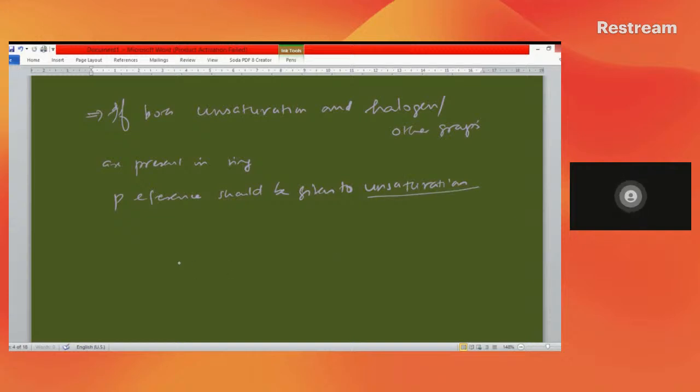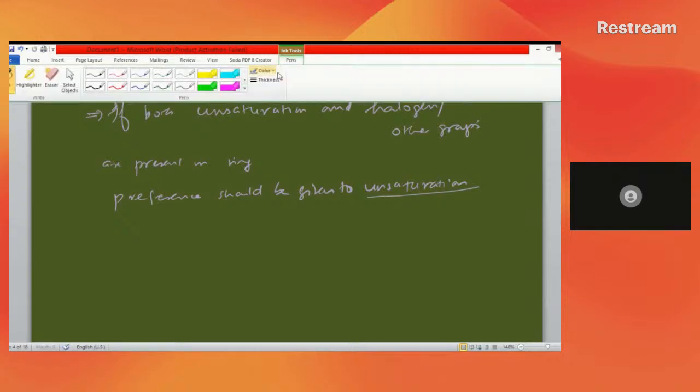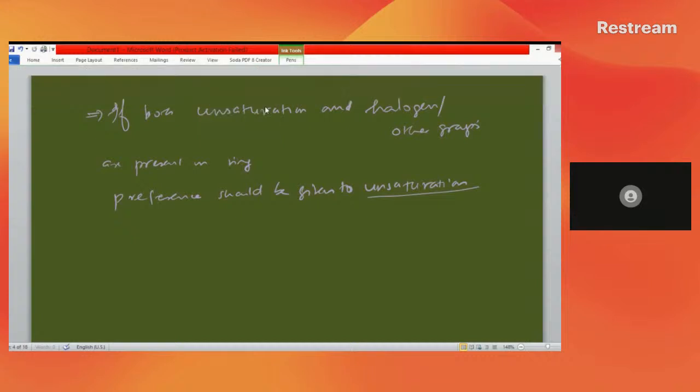Consider this case. And we will be having an example for this category. A cyclic compound. Here it is a double bond. Here I am writing the Br. And what is it?